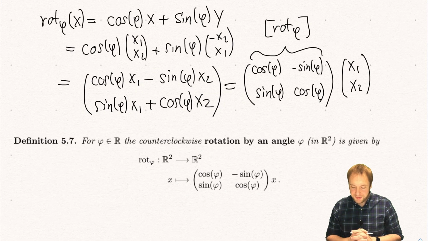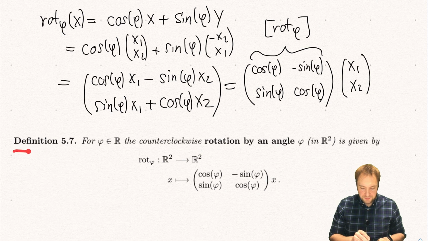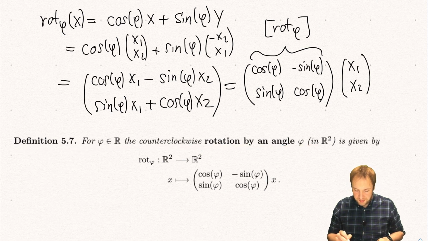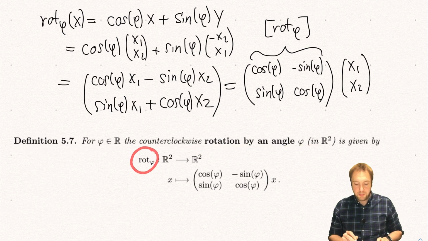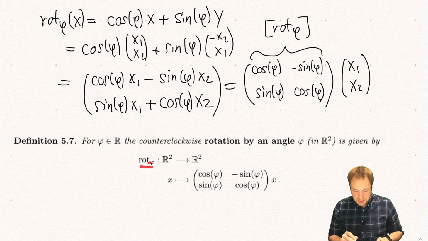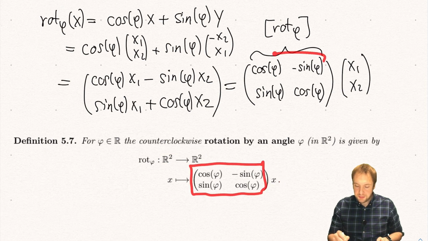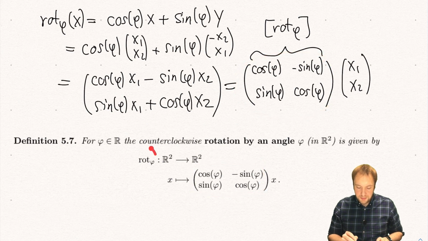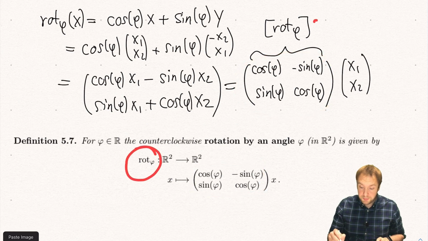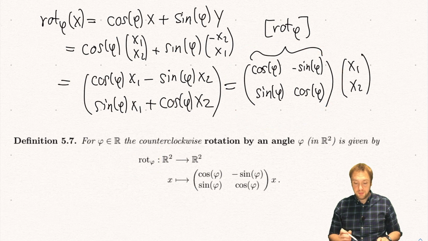So the rotation by an angle phi is given exactly by this map. So we define the map rotation along the angle phi from R2 to R2 by multiplying a vector x with this matrix here. And then the matrix of this linear map is given by exactly this matrix here.